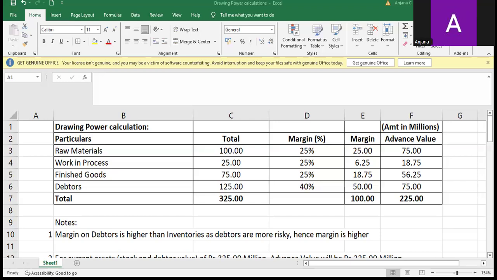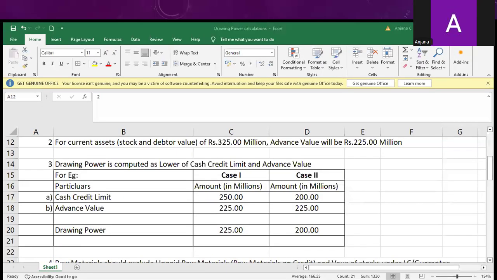Now, generally, the margin on debtors is higher than the margin on inventories because giving funds against debtors is highly risky. It is more risky than funding inventories. Hence, the margin stipulated on funding debtors is higher than the margin stipulated for inventories.